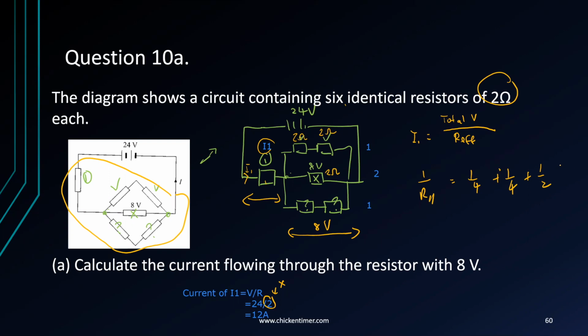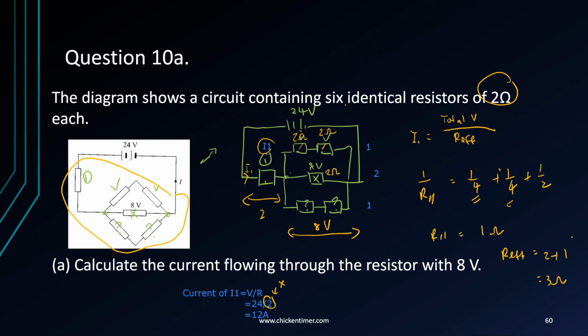But your formula is using resistance. Yeah. So every resistor is 2 ohms. So it's 1 over 4 for the top branch, 1 over 4 for the bottom branch, and the middle branch is 1 over 2. So R parallel is 1. Then the R effective is this 2 plus 1, which is 3 ohms.